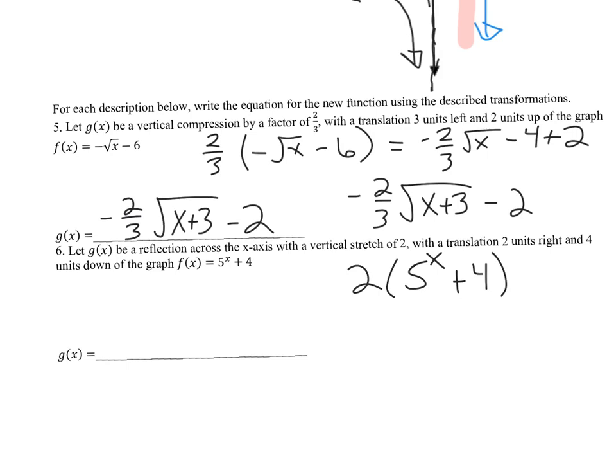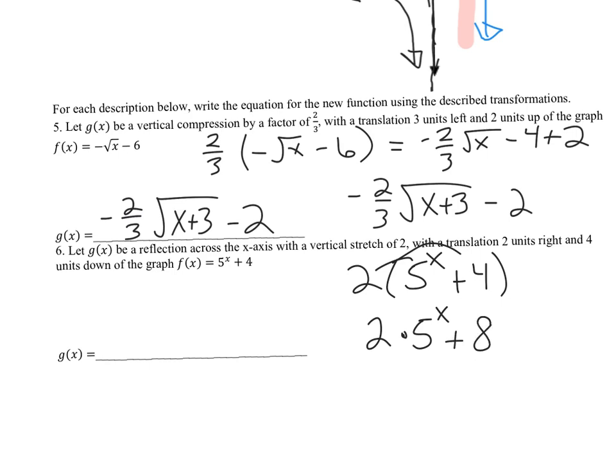Now, when you multiply this 2 in, you're not going to do 2 times 5. I know it's very attractive to maybe do that, but we're actually going to keep them separate, because with exponential functions, you keep the exponential, the e or the 5, whatever it may be, separate. But 2 times 4, we can do that. That's going to give us 8.